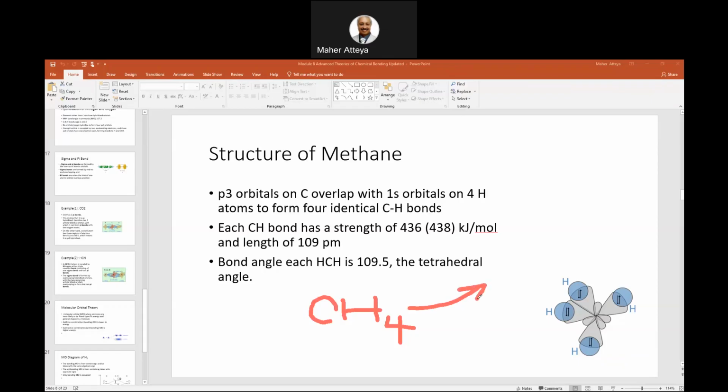If you look at the central atom E with X4, the shape is tetrahedral.